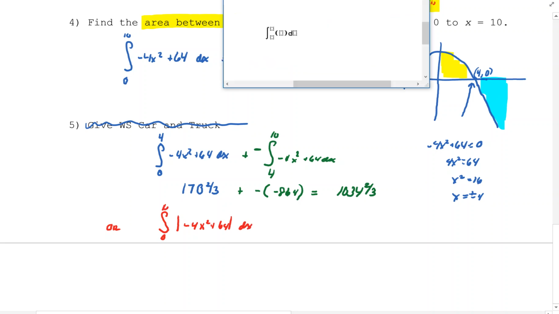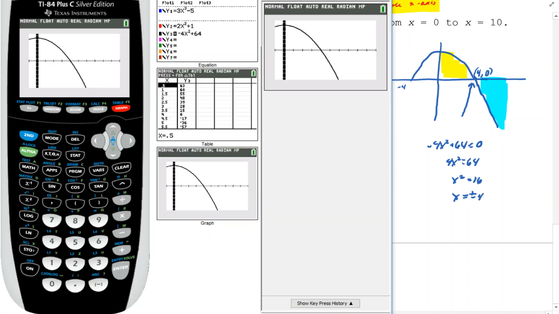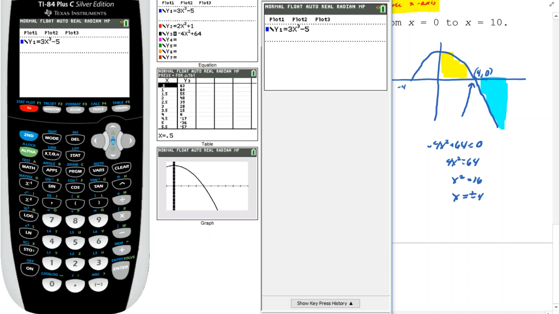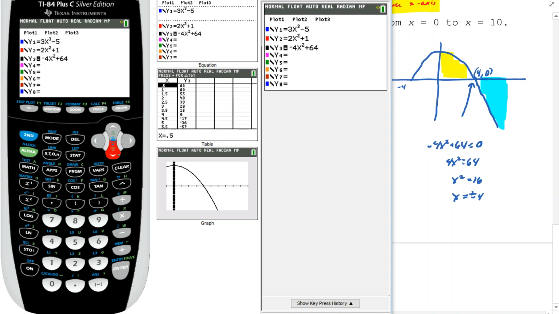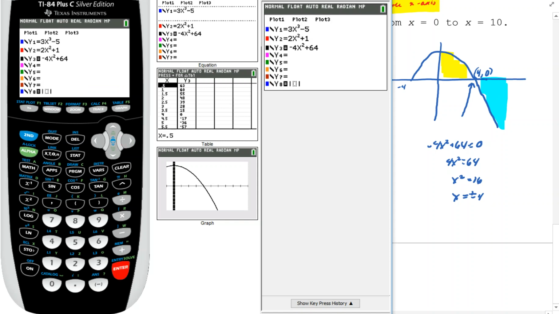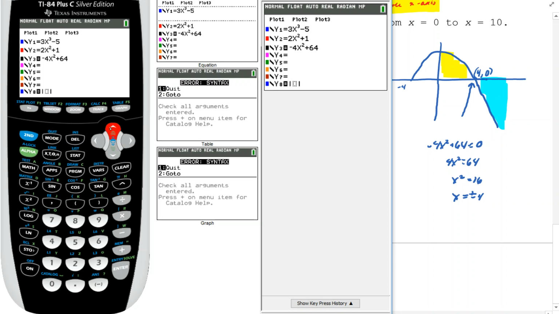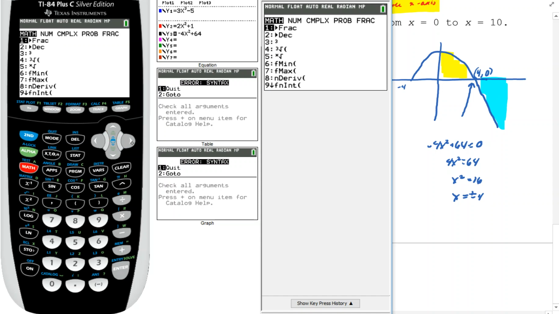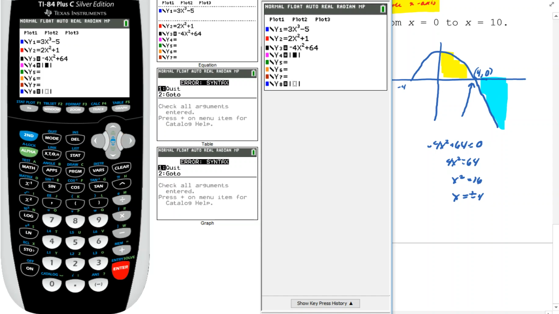If I look at my calculator again and come up to my y equals, I'm now going to come down here and Math, absolute value of negative 4x squared plus 64.